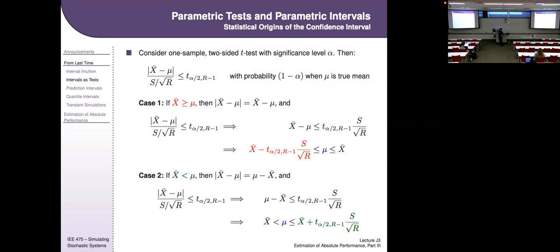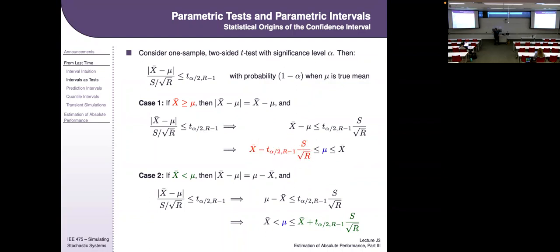So when the sample mean is greater than the hypothetical mean, then this condition here translates into this condition here, which after rearrangement translates into this condition here, which basically says that it's equivalent when the sample mean is greater than the hypothetical mean. That's equivalent to saying that the hypothetical mean is less than the sample mean, but is also greater than the sample mean minus our half width.